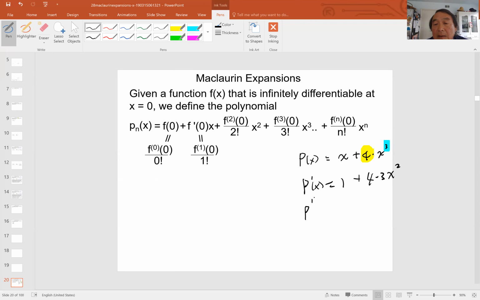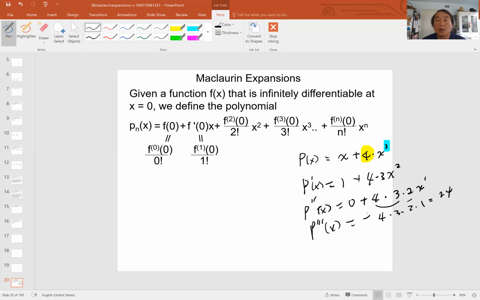The second derivative is going to be 0 plus 4 times 3 times 2 times x to the first. Then the third derivative, now it's a number, plus 4 times 3 times 2 times 1, which is called what? 24.